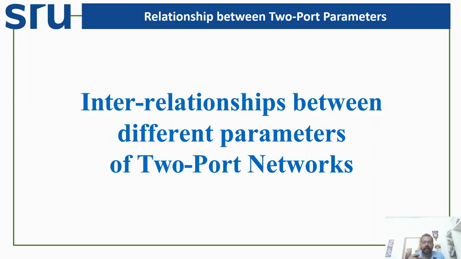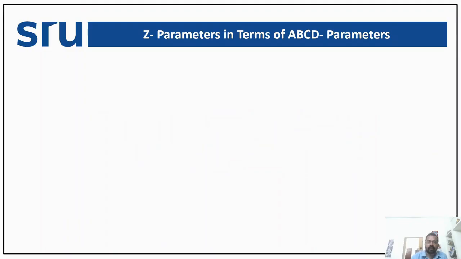Let us start our lecture by converting the Z parameters in terms of ABCD parameters. As the title says, we are trying to convert Z parameters in terms of ABCD parameters. So what we need to take? We need to have our ABCD parameters.